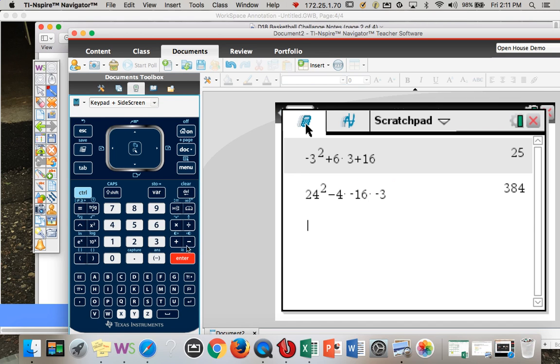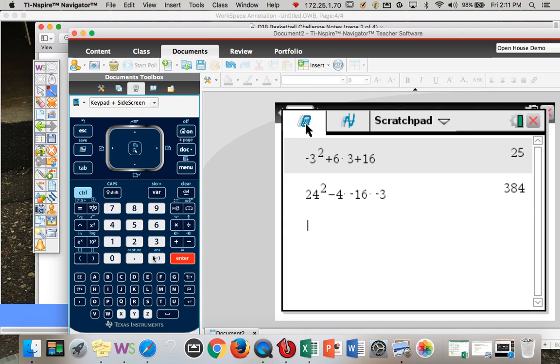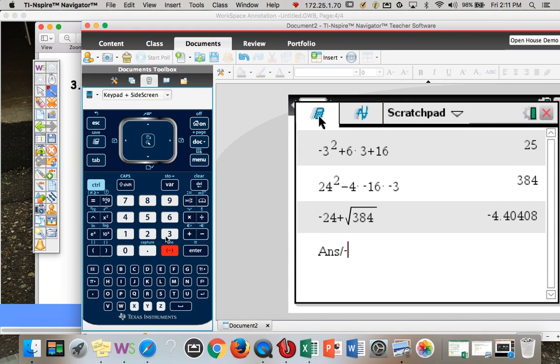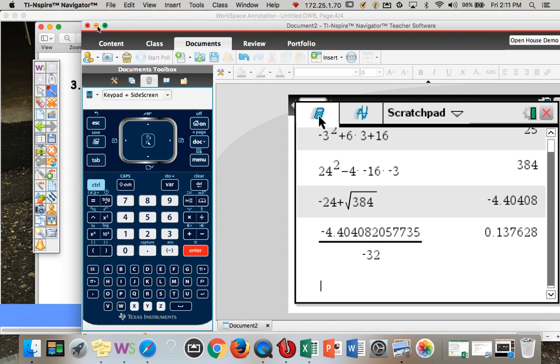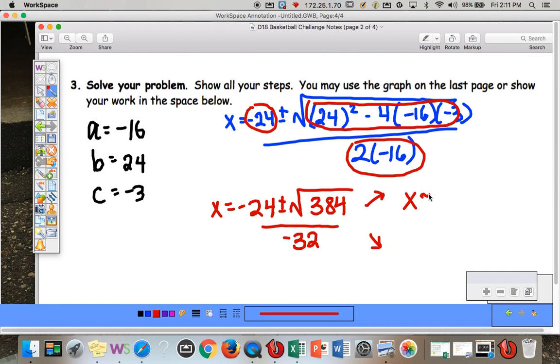All right, so that's 384, all over negative 32, which is 2a. Then we can split it up and solve it. I'll do the plus first: negative 24 plus the square root of 384. I'll hit enter and divide by our negative 32. So here's our first answer, 0.14 seconds.